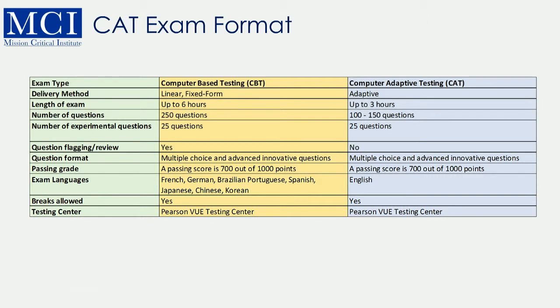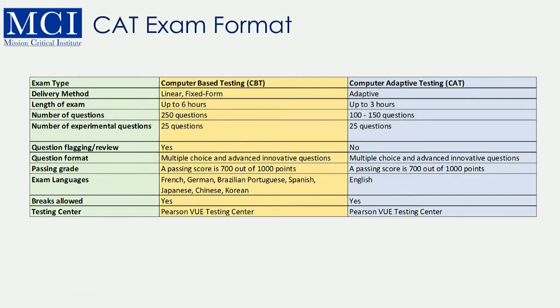It's going to be the same format, mostly ABCD type format or true/false format or something similar to that, and we'll talk about the formats in one of the later clinics. It's focused only on the English language, and in both the computer-based testing and the adaptive testing, you can take breaks, but be cautious of that.